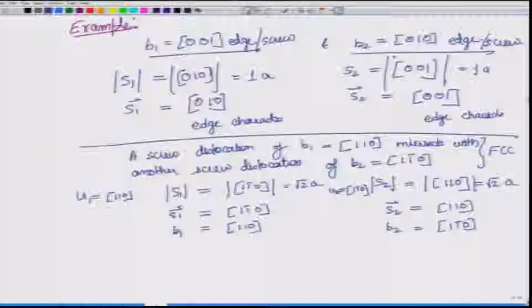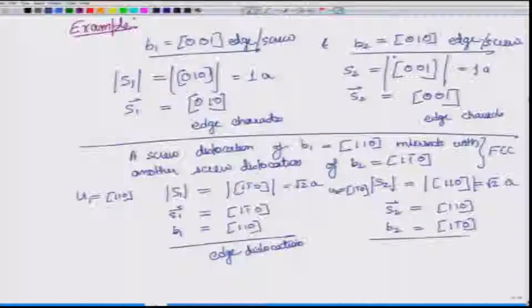So what do we see here? Over here this line vector is perpendicular to the Burgers vector, which would mean what? Edge dislocation. Here also we see 1 1 0 is perpendicular to 1 bar 1 0. If you take a dot product it comes out 0, and therefore, again here also it is an edge dislocation.